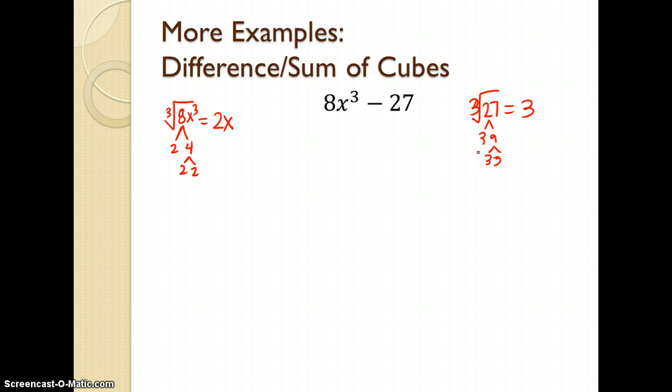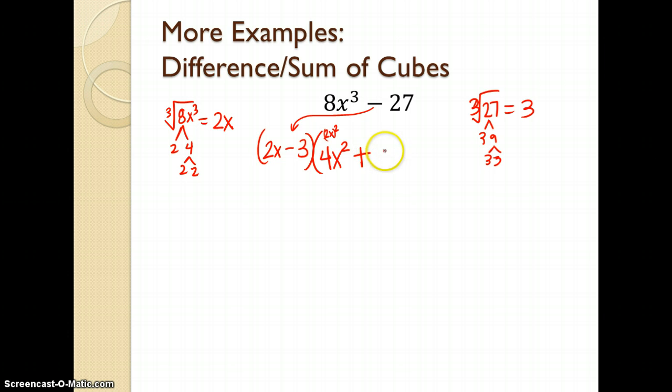So if we're going to factor this, it's going to be your cube root, and if you remember the first one, we keep the sign, minus your cube root. Your first cube root squared, so 2x squared would be 4x squared. We change the sign, we do the opposite sign.